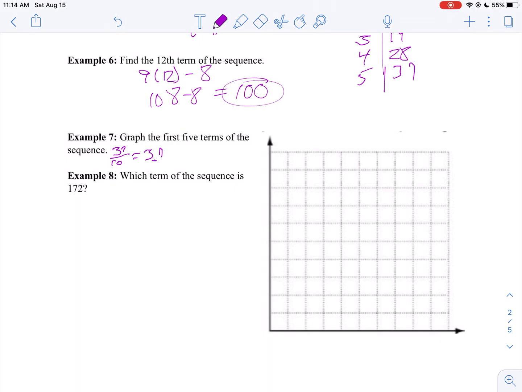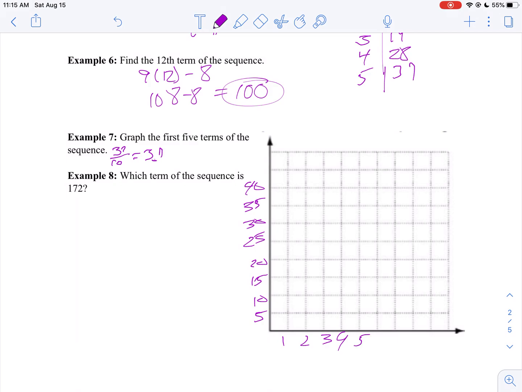Well, I'm going to round that up to a nice number that's easy to count by. Let's count by 5s. So here's 5, 10, 15, 20, 25, 30, 35, and 40. And I know my last term is 37, so I'm not going to worry too much about that. And then I'm going to put my first 5 terms here on my x-axis.